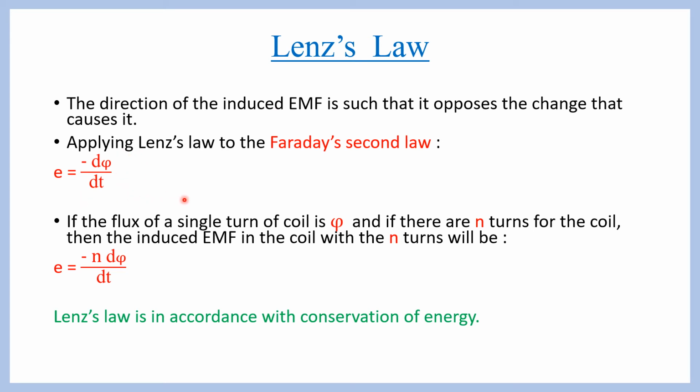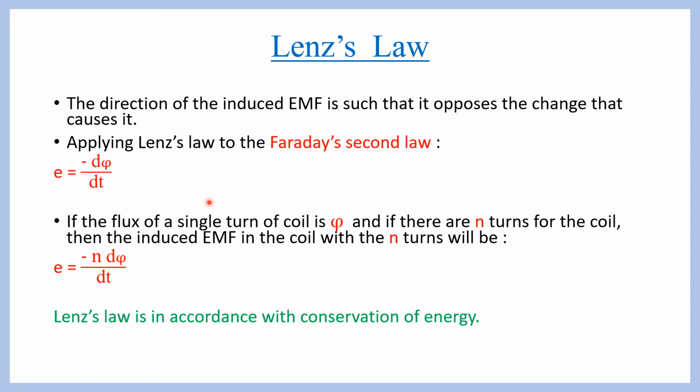Now if we consider a coil with n number of turns, and if we assume that phi is the flux associated with a single turn of the coil, then the flux associated with n number of turns of the coil will be equal to n into phi.